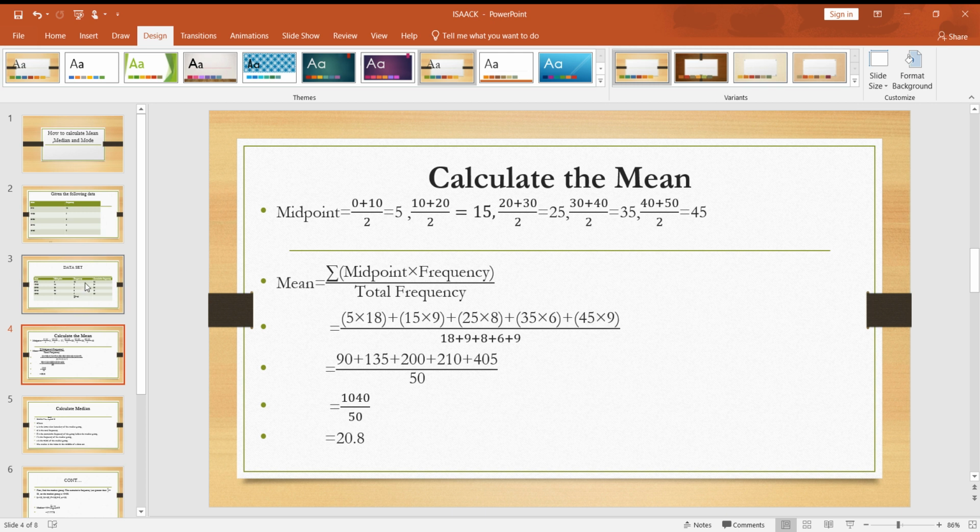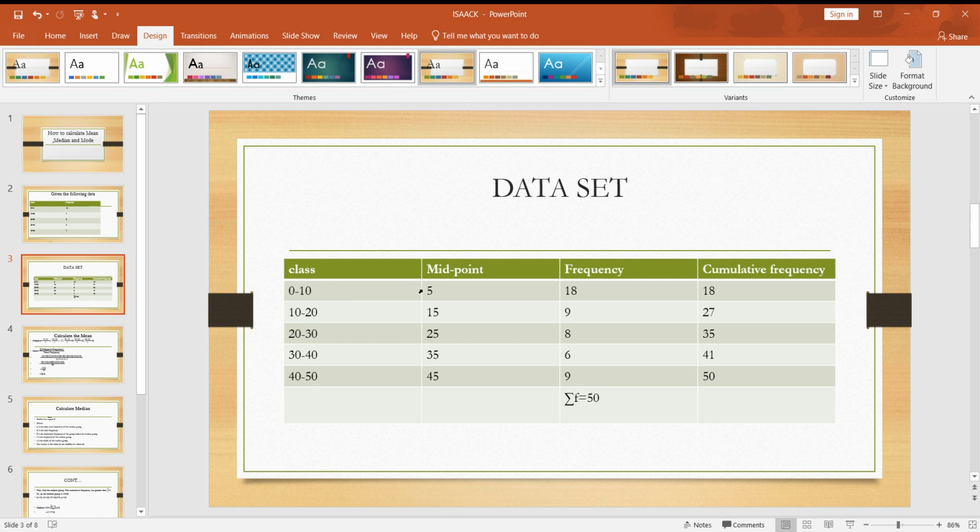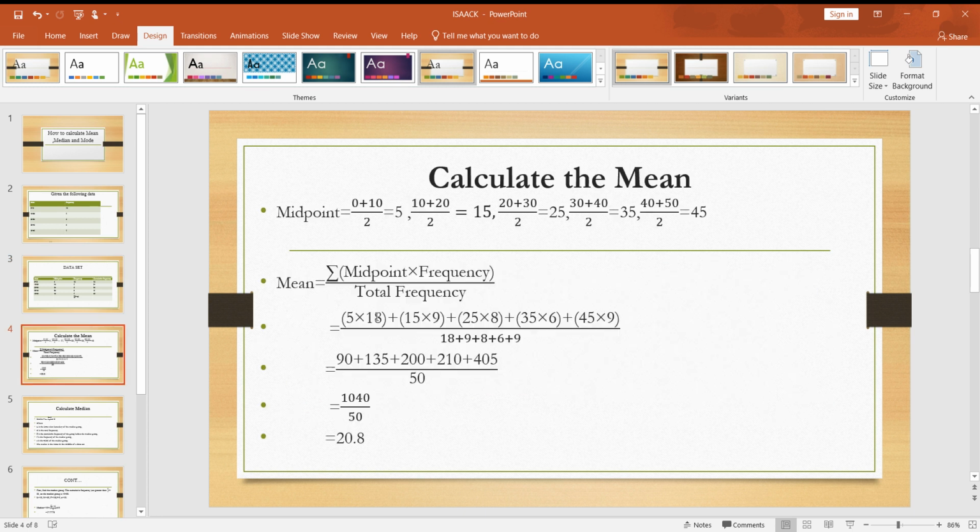For instance, the first class has a midpoint of 5, then we multiply by the frequency of 18, then the second class, that is 15 midpoint, multiplied by the frequency of 9, you add 25 times 8, then you add the next class midpoint, that is 35 times 6, then you add the next class, that is 45 times 9, then you divide by the total number of frequencies, that is 5 times 18 plus 15 times 9 plus 25 times 8 plus 35 times 6 plus 45 times 9.